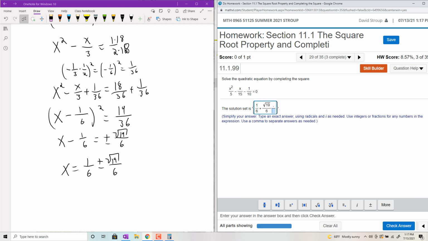Fraction. And for some reason, it's putting the comma in the numerator. You know, put a space there. Let me write this one differently. 1 over 6 minus backslash square root of 19 all over 6. I don't know if that'll save any effort. Space.